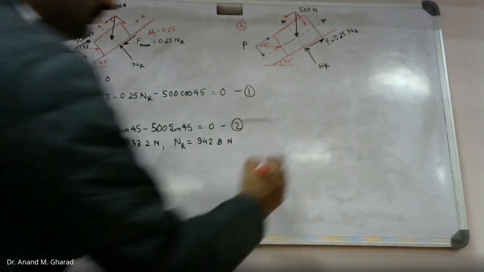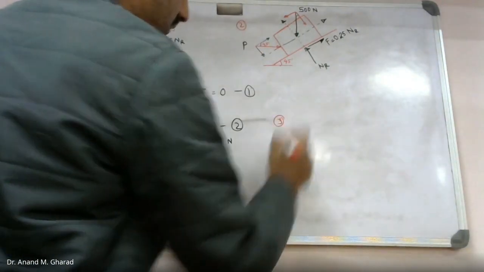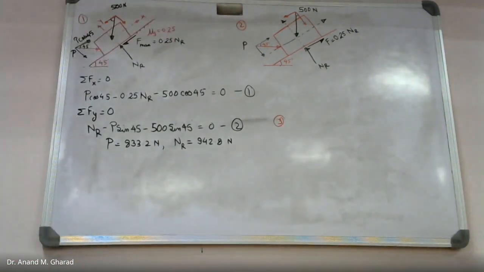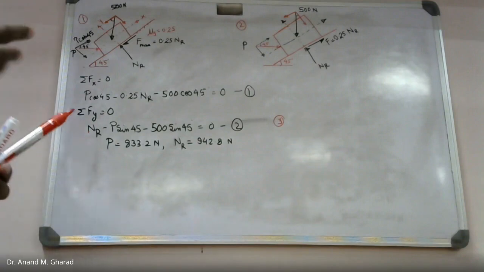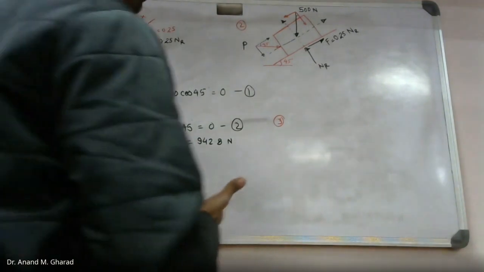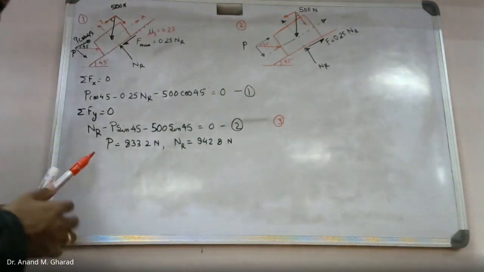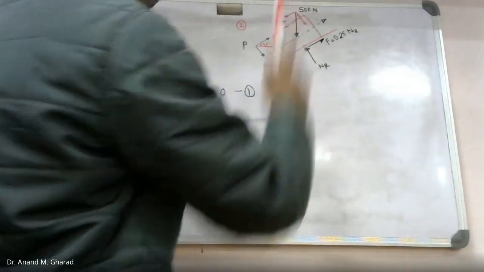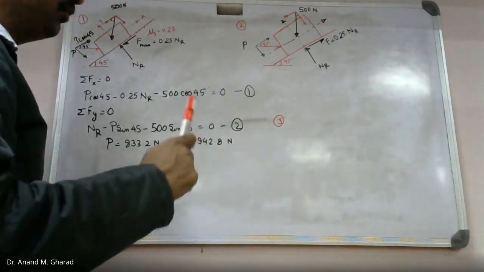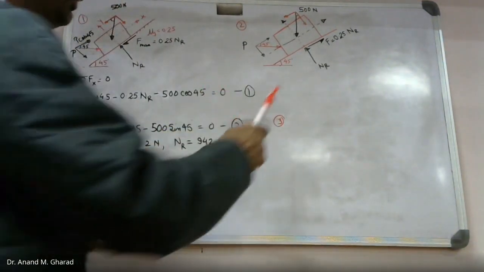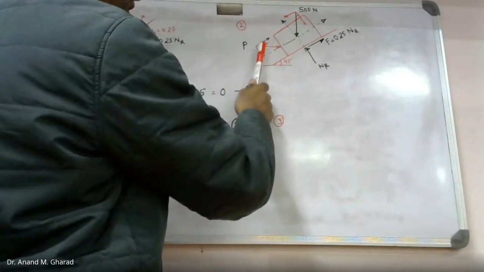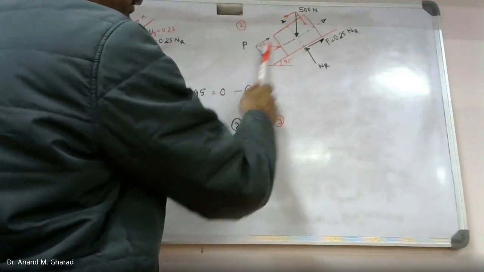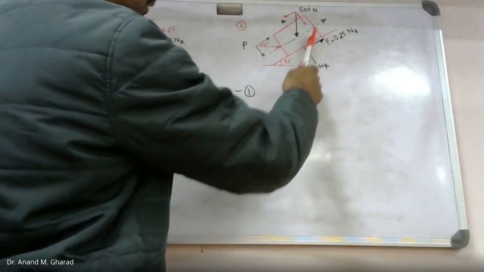Third case I will be discussing in the next class. This is a typical example wherein you will find the motion is not known actually. So first of all, we need to decide in which direction the rigid body will move, whether it will be moving in the upward direction or, by virtue of whatever load and force available here, whether it will try to move in the downward direction.